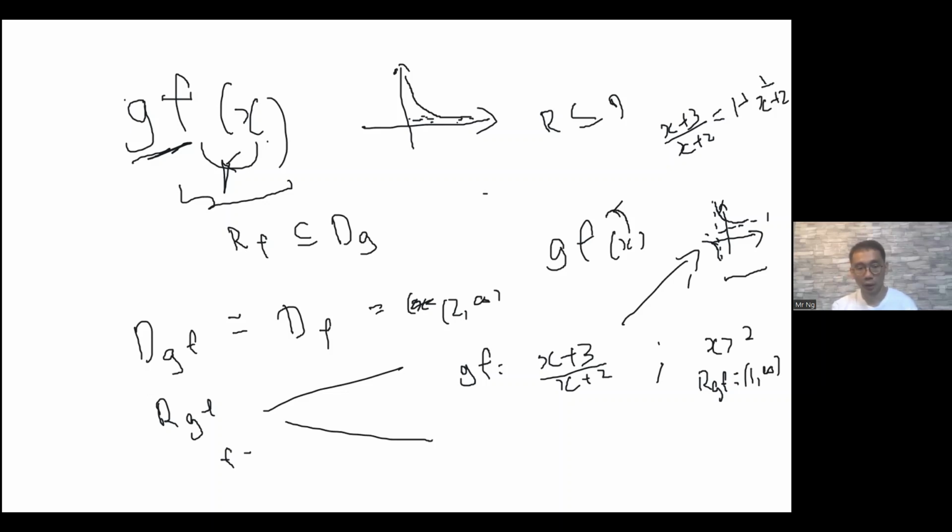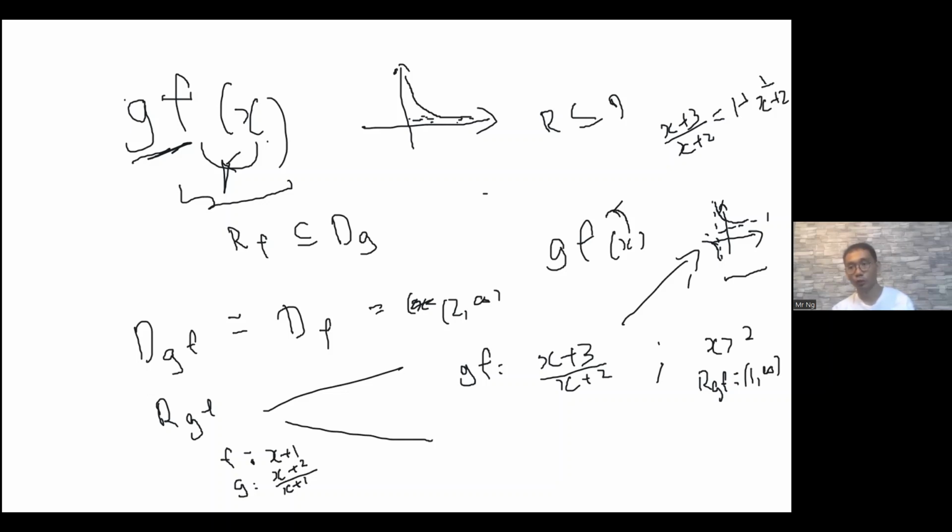We define the rule of f to be x plus 1, after that g to be x plus 2 over x plus 1. So you put g inside f, and it's going to give you this rule.